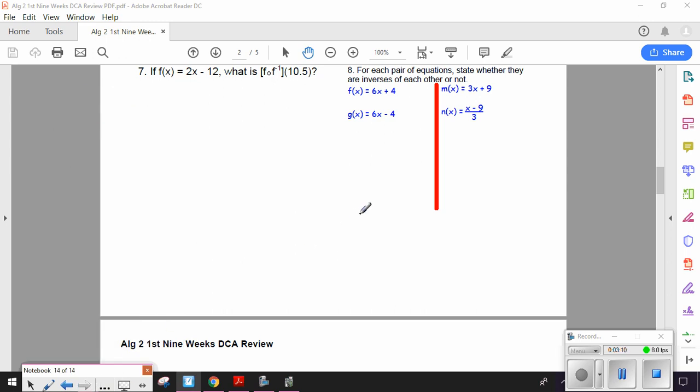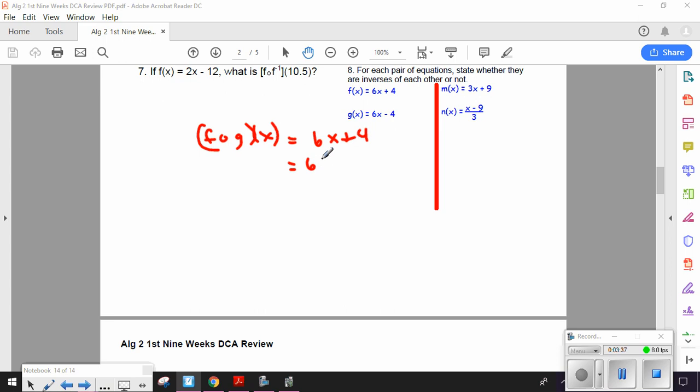For number 8, we're going to state whether the two equations are inverses or not. So we're going to have to validate or prove this. So we're going to first find f composition g of x on the left-hand side. So that means f is my candy shell. So write it out, 6x plus 4.